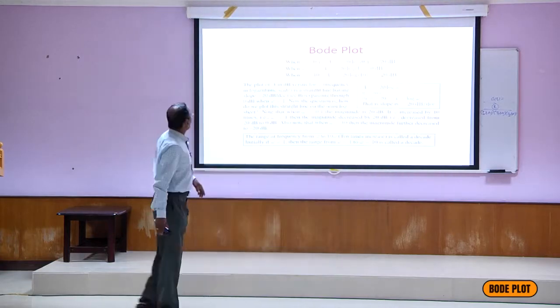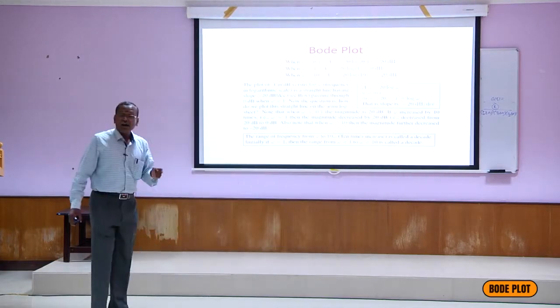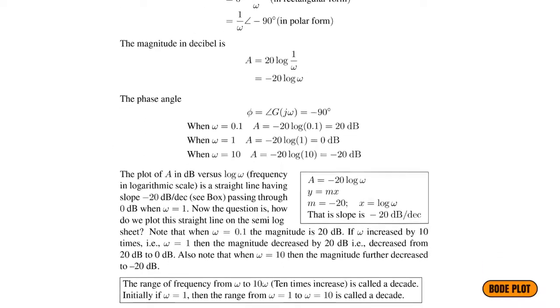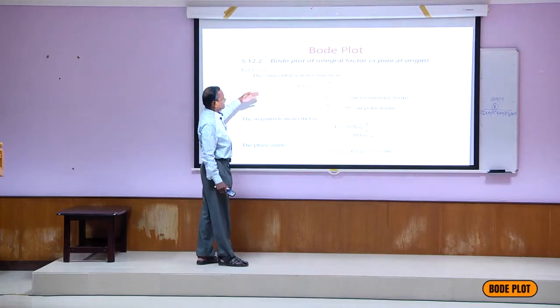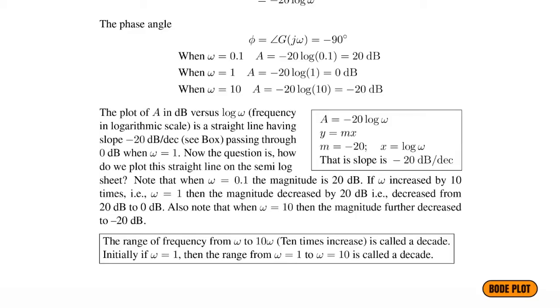So what is the plot? How to draw that? We have to substitute different values of omega. If you substitute omega equal to 1, 1 by 1 is 1, and log 1 equals 0, so 0 dB. If you substitute omega equal to 10, 1 by 10 gives minus 20.